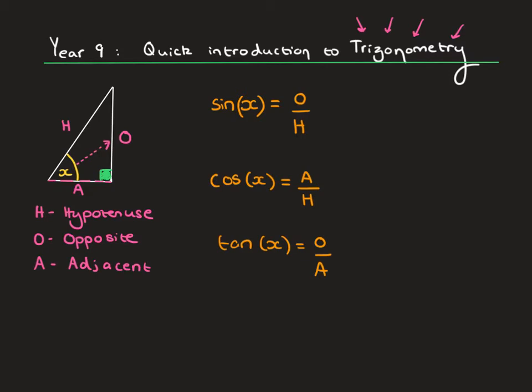Now, to simplify our work, we sometimes put these in formula triangles. So sine, which is S, is equal to O divided by H, so that gives us the SO triangle.